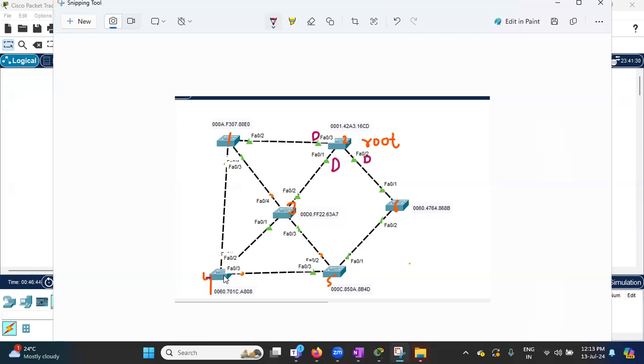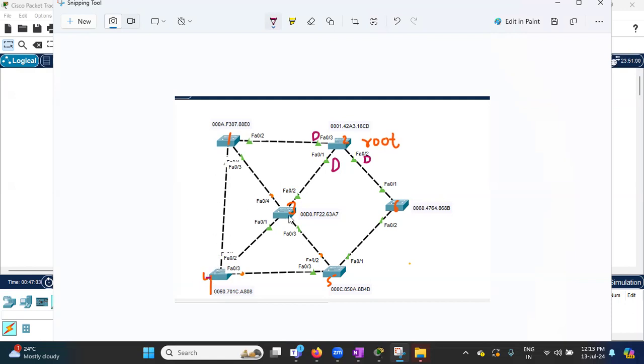Both have the same cost, right? So I didn't define it. You need to identify what will be the cost to reach the root switch or root bridge.